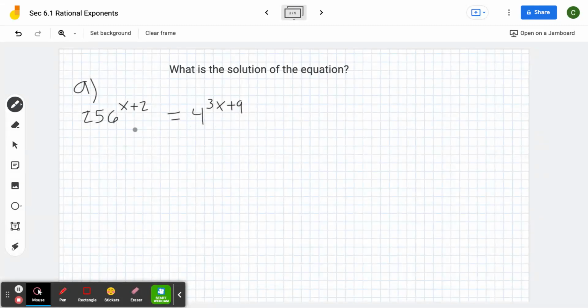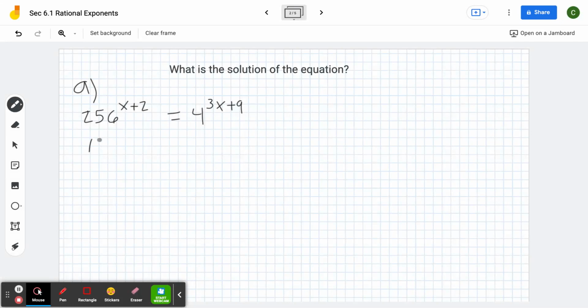How can we set these equal to each other? So first I can take 256 and think, okay, what number squared gives me 256? Now ultimately I can get this 256 down to 4, but it's going to happen in multiple steps. So what number squared will give me 256? And that number is actually going to be 16.